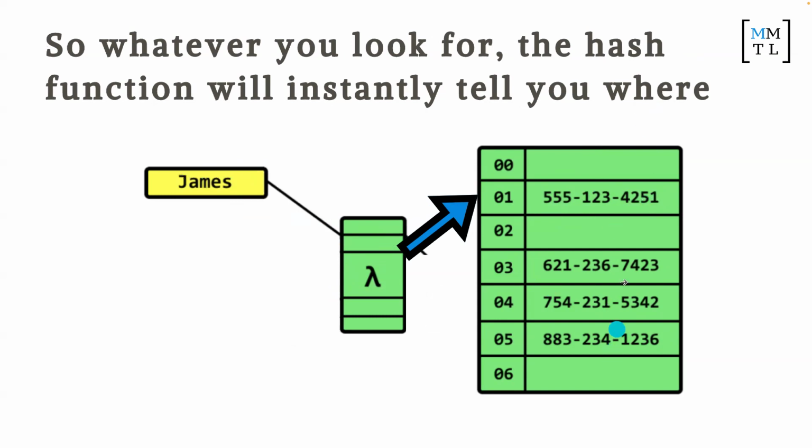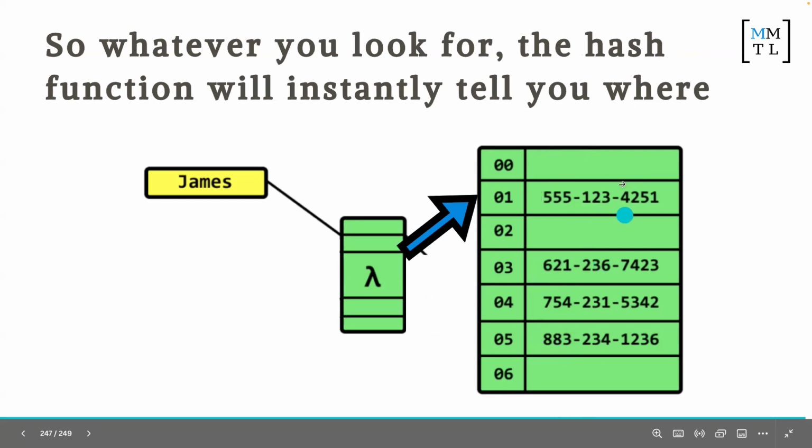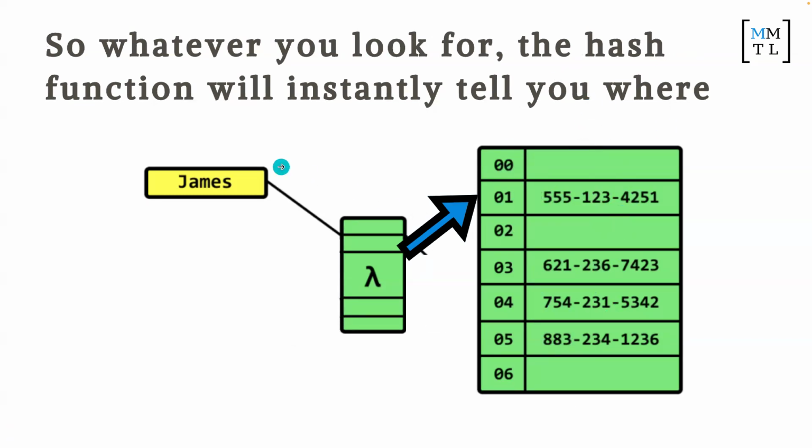Does that make sense? So we're not actually looking through this anymore. All the other techniques, we're looking through this and trying to filter this out. What we're doing is straight away taking the input, using the hashing function to tell us where we land, and then just landing there to find it.